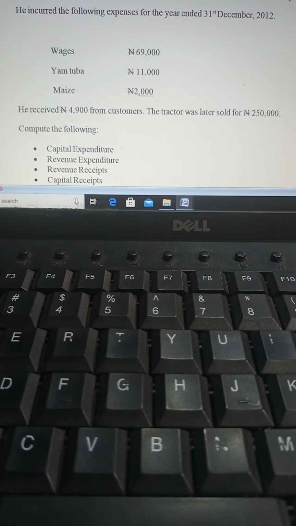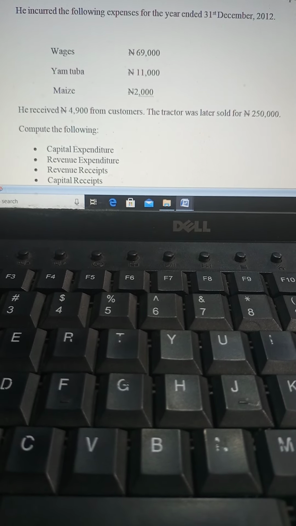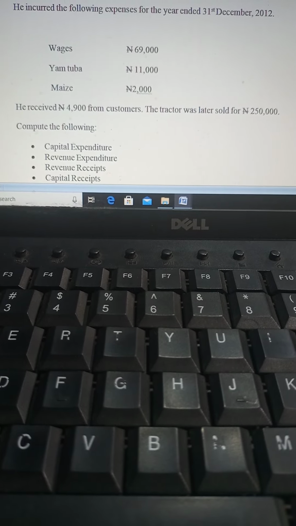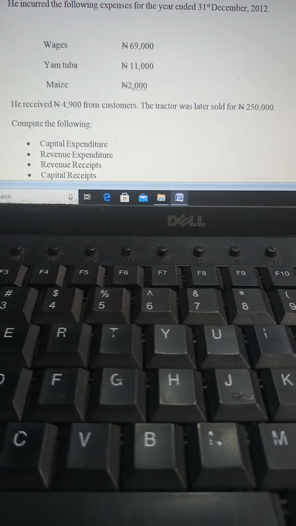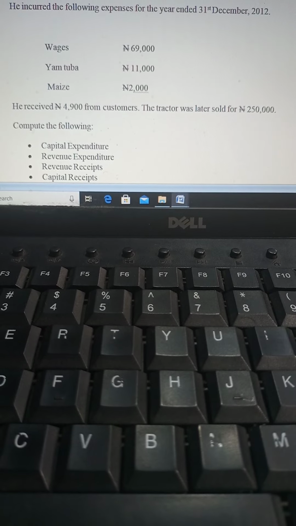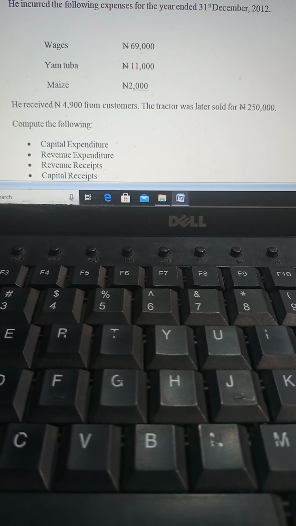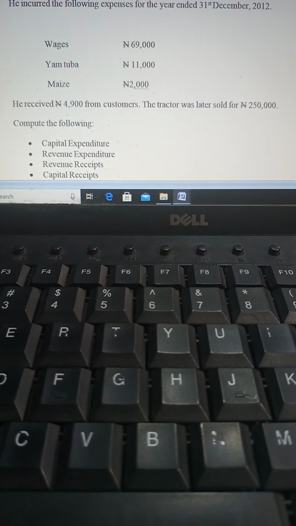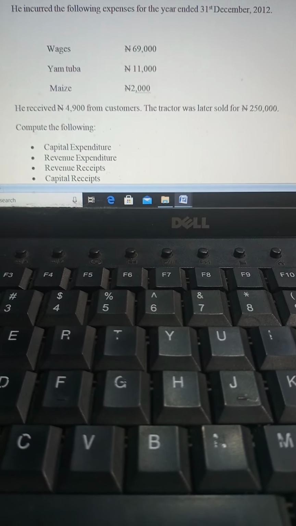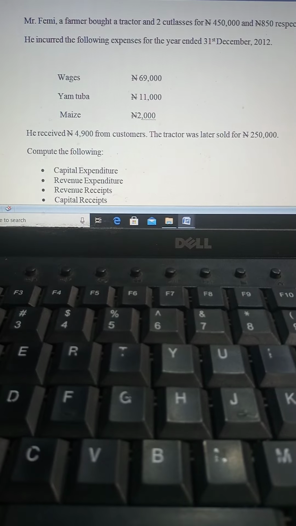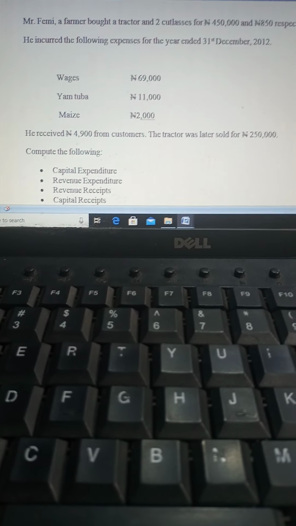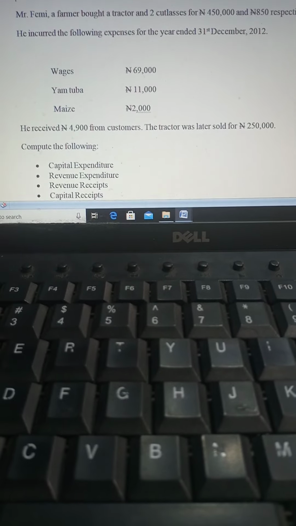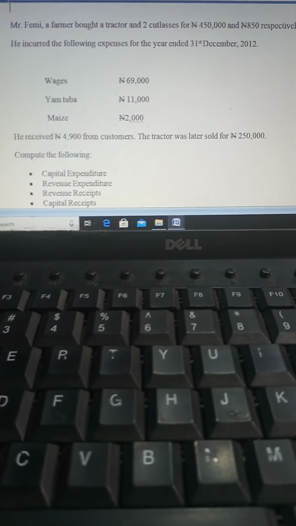Then the tractor was later sold for 250,000 naira. So this 250,000 naira is a capital receipt because it's the amount of money received from the sales of fixed assets. We cannot see any other capital receipt here except that 250,000 naira.